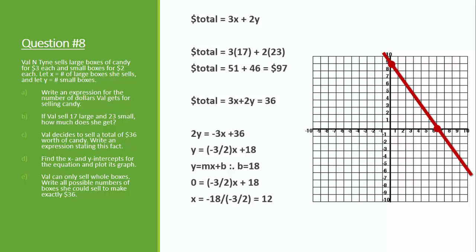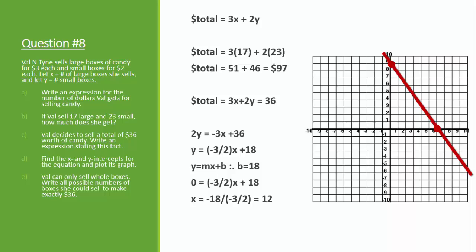Because at every point where that line crosses through an intersection of your grid lines, you have a perfect whole number of x's and a perfect whole number of y's, and they solve the equation for the expression equaling 36.